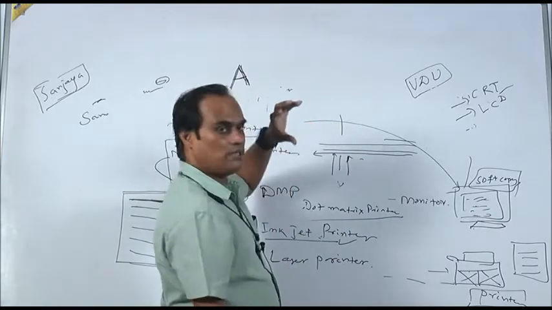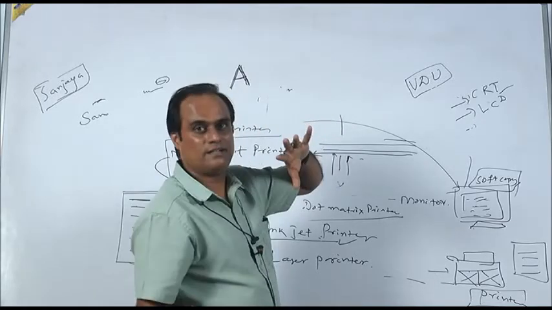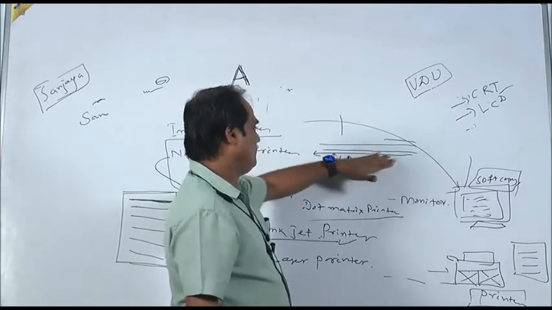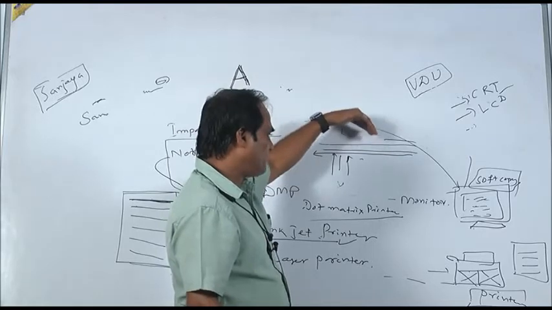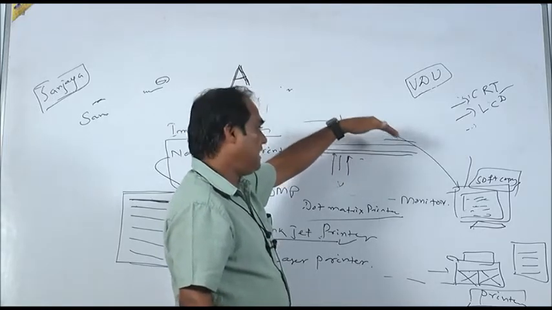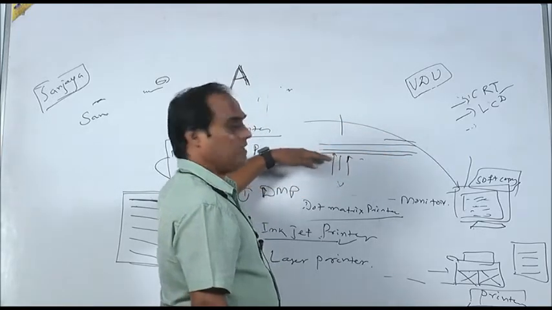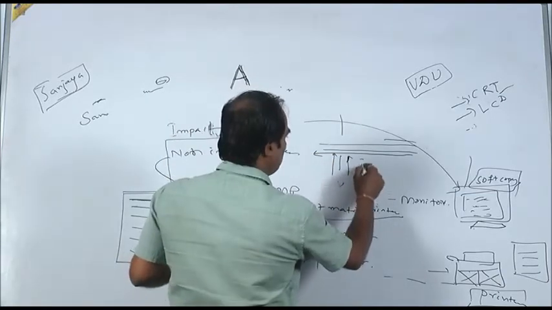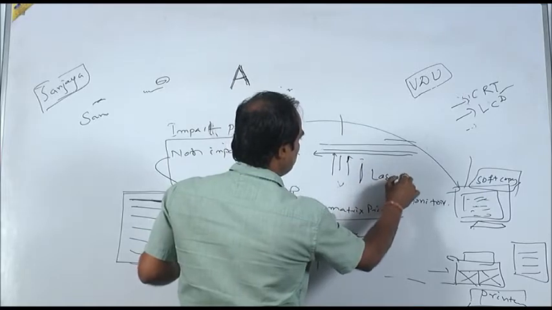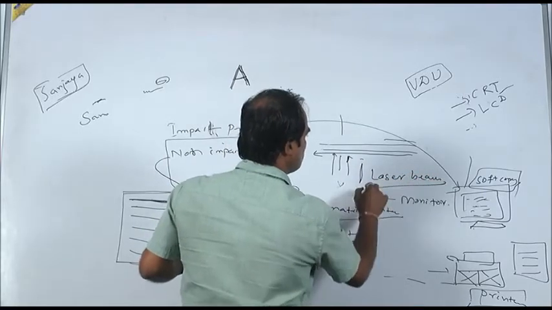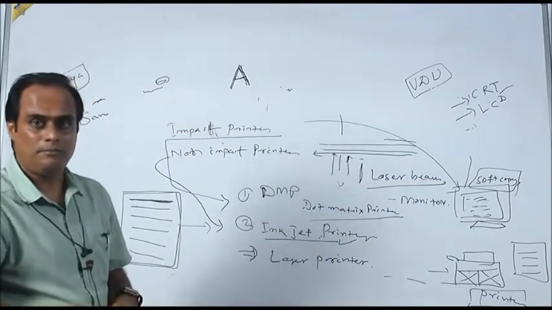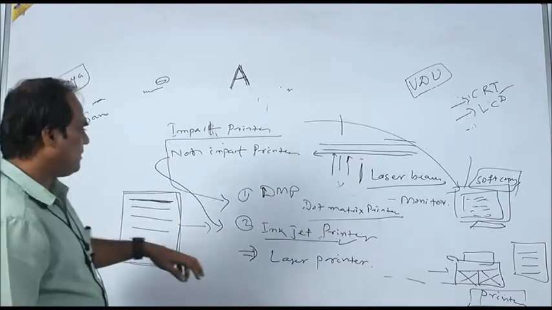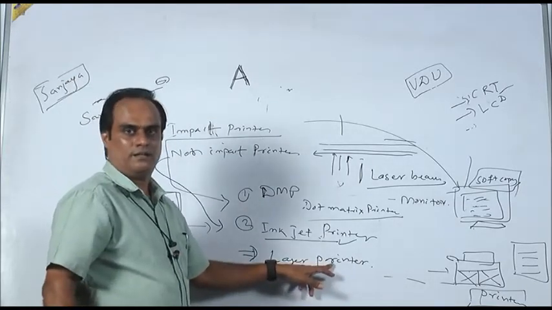All the ink powders are dropped onto the paper, and as per the instruction it is printed on the paper. But the laser beam is most essential for printing the document. That is why it is known as the laser printer.